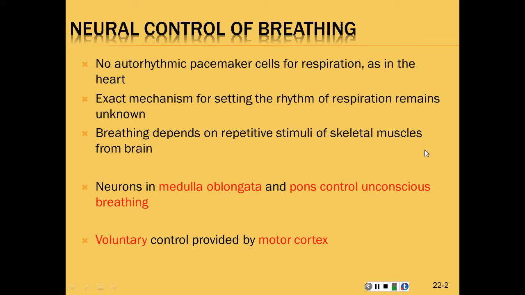So breathing is under neural control. Now the skeletal muscles of breathing cannot contract without nerve stimulation, and breathing involves central coordinating mechanisms. Now, breathing is controlled at two levels of the brain, one being the cerebral and the conscious, and the other being the autonomic and unconscious.